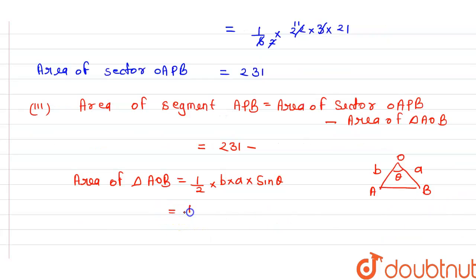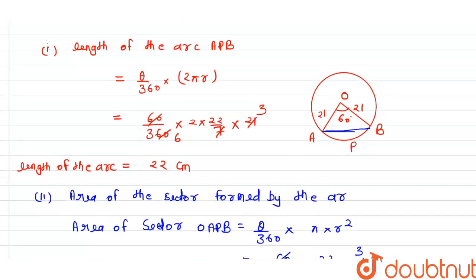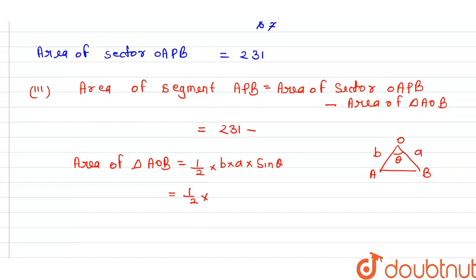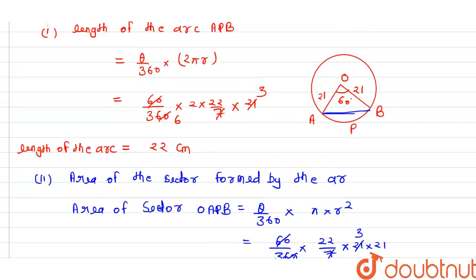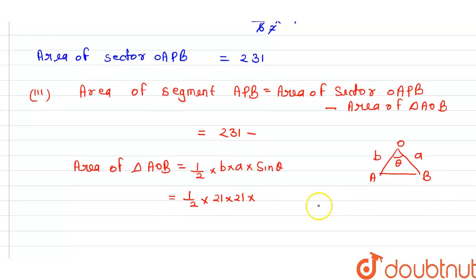Then we have 1/2, the sides of the triangle are 21 and 21, both equal. 21 into 21 into the angle between the two adjacent sides, which is 60. So we put this value, sine 60. Then 1/2, this will be 441 into the value of sine 60, which is √3/2.